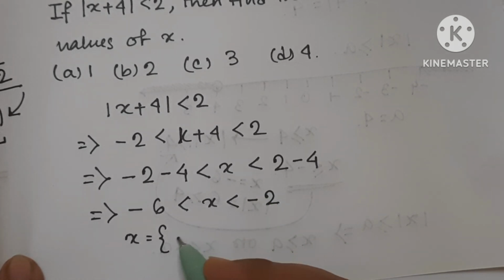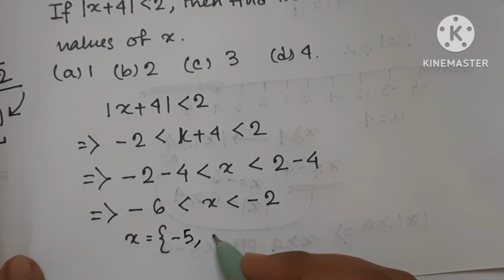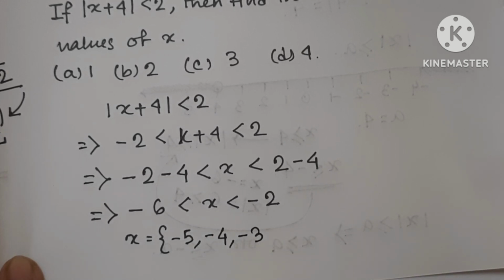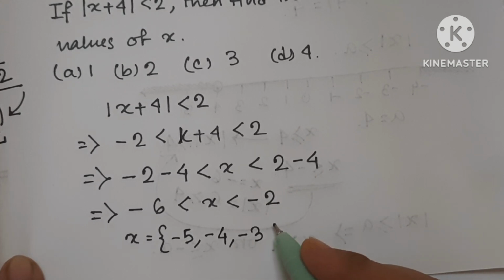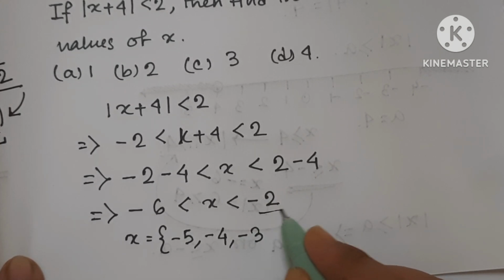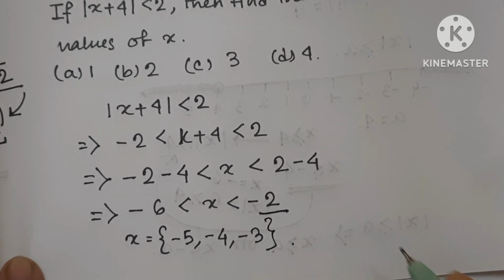Okay, so minus 5, minus 4, minus 3. No other value will be there because this is minus 2, so only 3 values will be there.